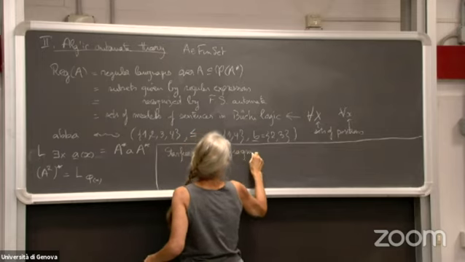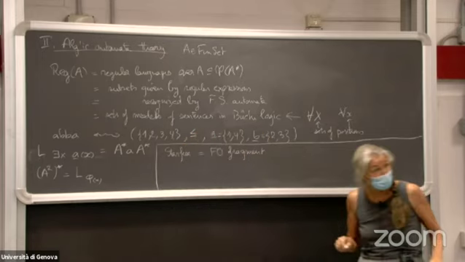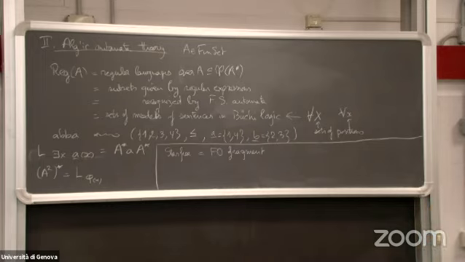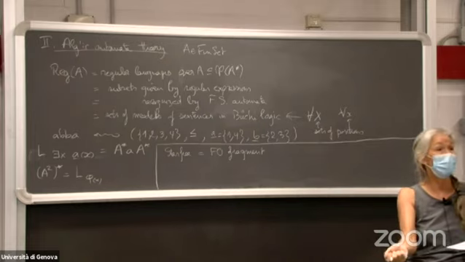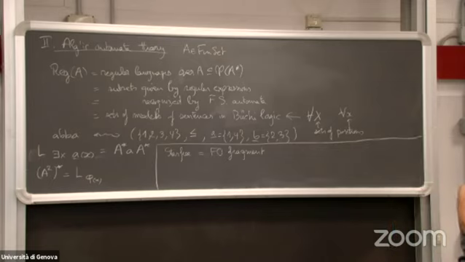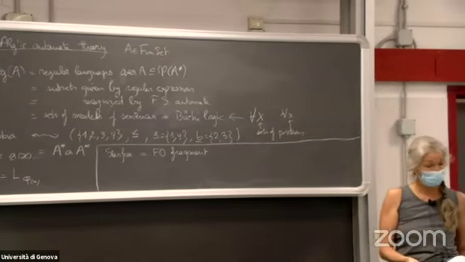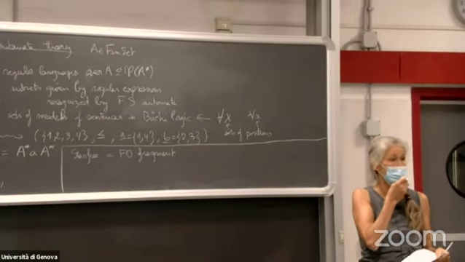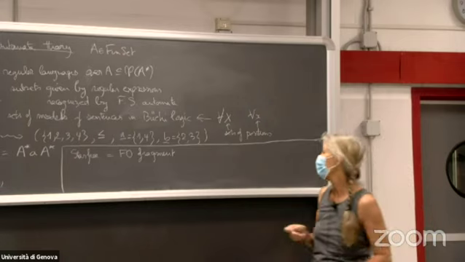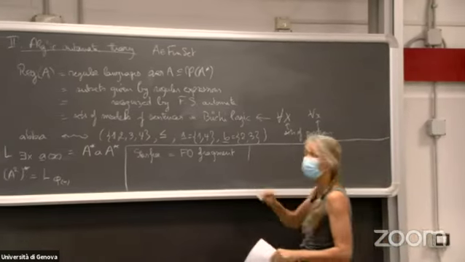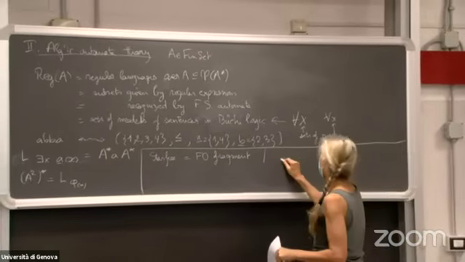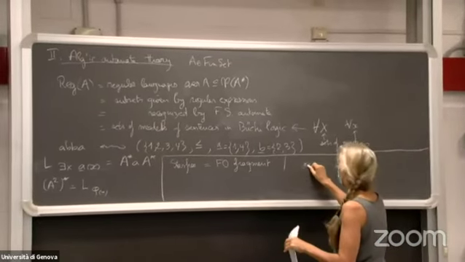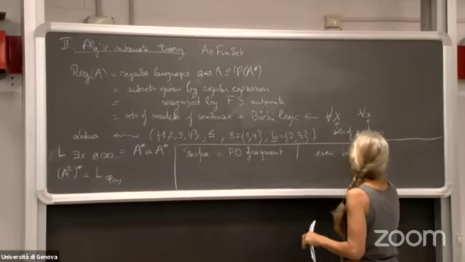And that corresponds to the first order fragment. And now, especially if you're a computer scientist, you might want to ask, can I check whether something belongs to that or not? If I give you an MSO formula, can you tell me whether it's equivalent to a first order formula? If I give you a regular expression, can you tell me whether I can rewrite it without the star? So for example, if you are further bored with my talk, you can show that the even length language is not star-free.